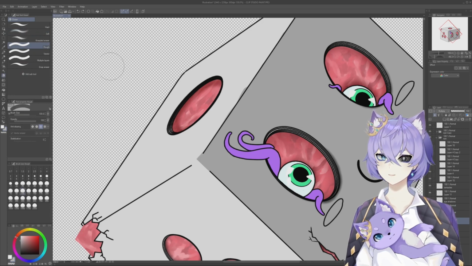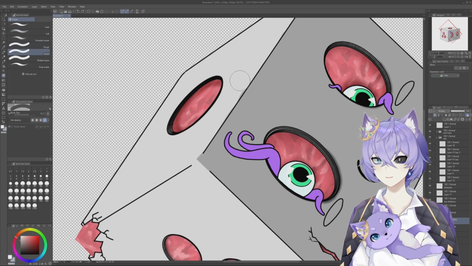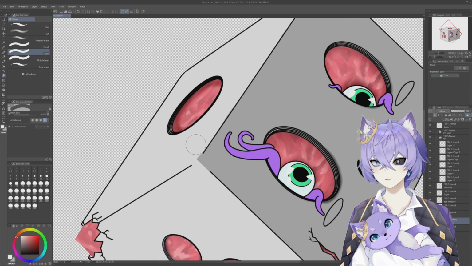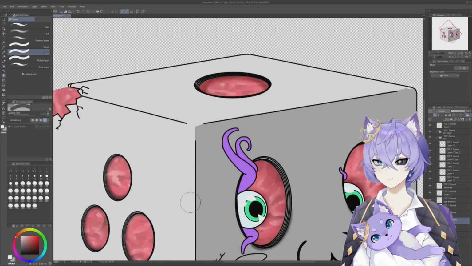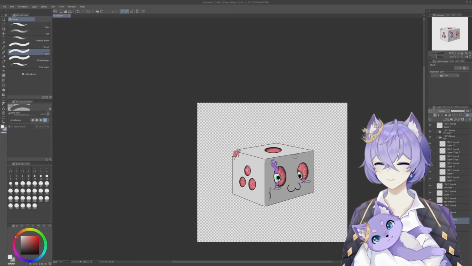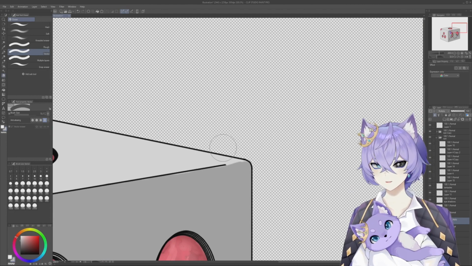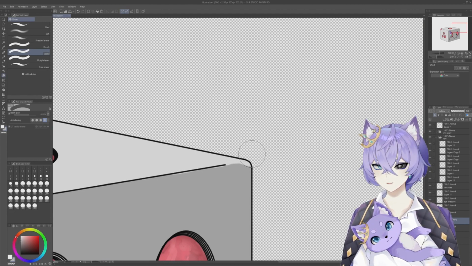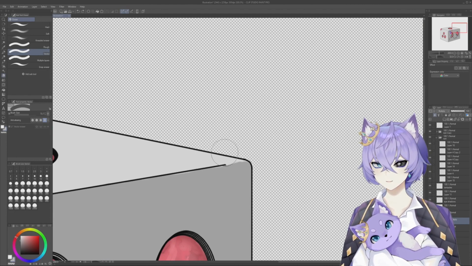Take the rough vector, delete that. Follow that line to delete where necessary. Just like that. And then here, there should be a very slight bend.